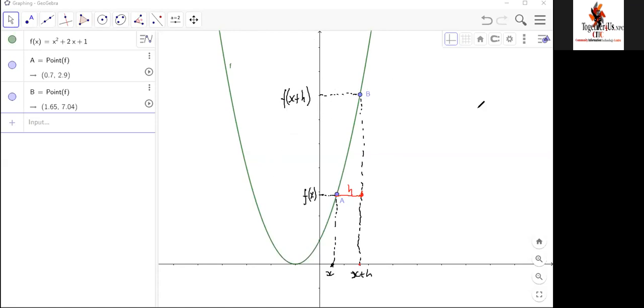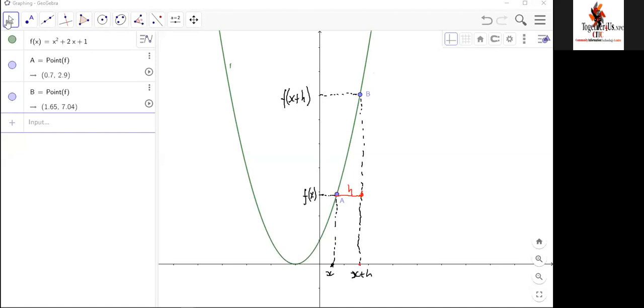So if I compute the gradient, I'm going to come down here to the left and write my gradient. Let us be exact, because we want to find the average gradient of this line here.